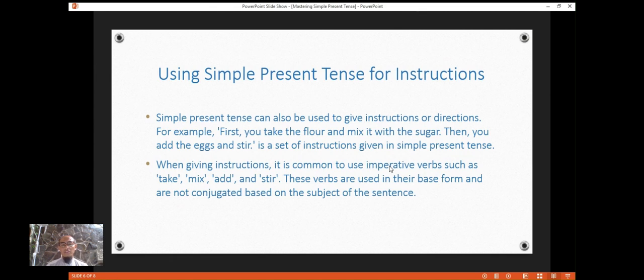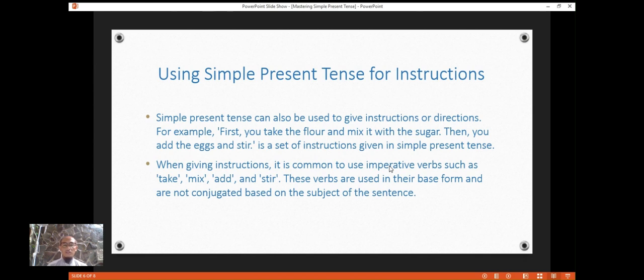Using simple present tense for instruction. Simple present tense can also be used to give instruction or direction. For example, "First you take the flour and mix it with the sugar. Then you add the eggs and stir."